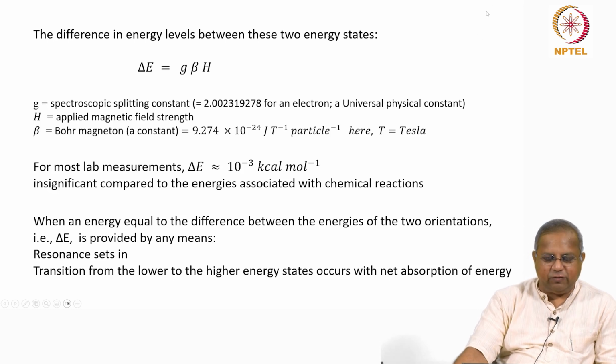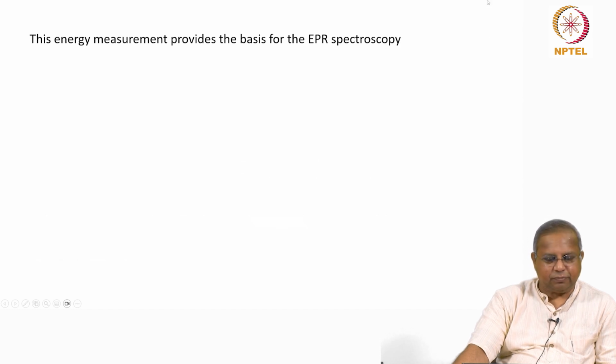The energy is of the order of 10 power minus 3 kilocalories per mole. Therefore, it is orders of magnitude less than the energy associated with chemical reactions. Okay, so that's what we looked at earlier. So as mentioned, this energy provides the basis for EPR spectroscopy.